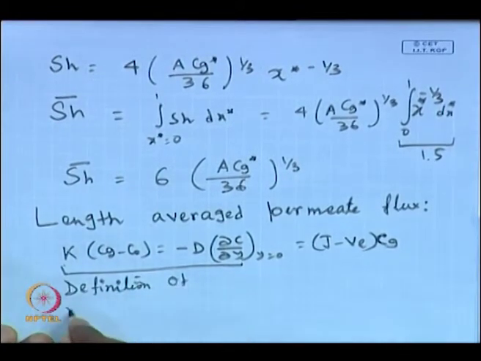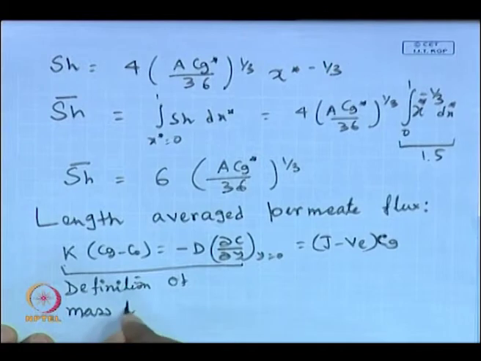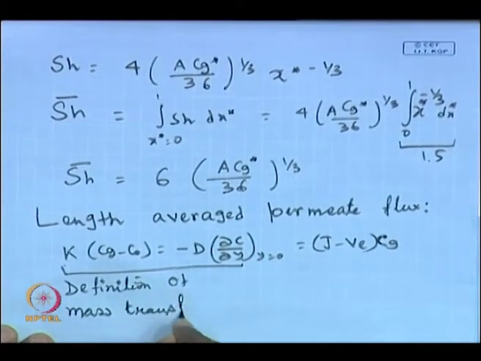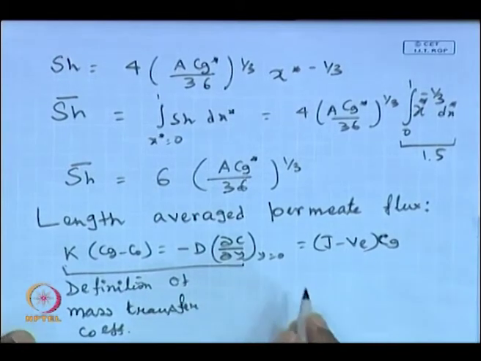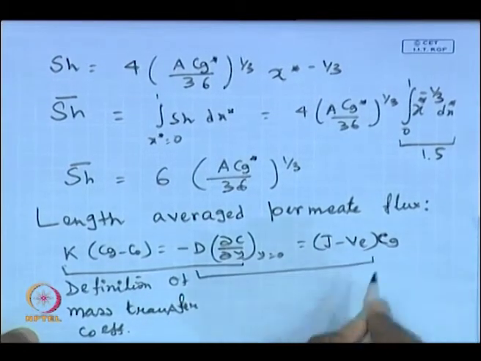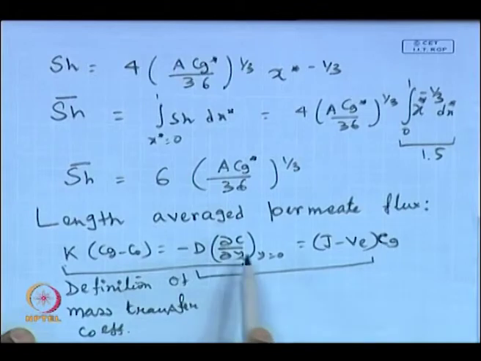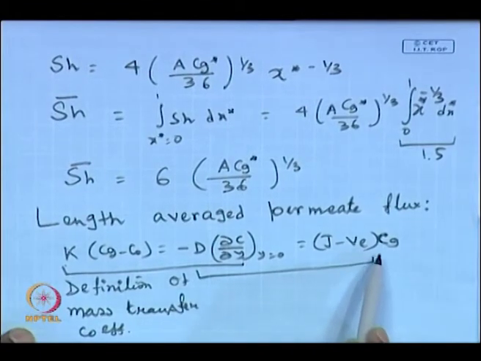Definition of mass transfer coefficient. And what are the last two terms? If you remember, J minus V times Cg is equal to minus D del C del y at y equal to 0.